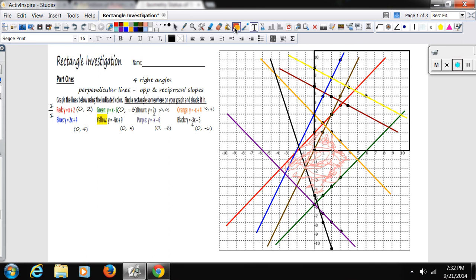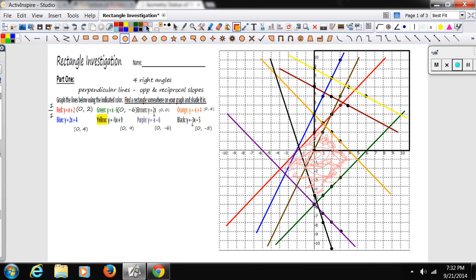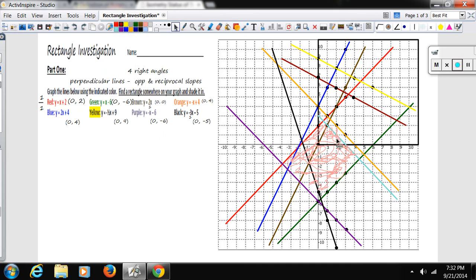If we were to make another line, let's make it in, say, light blue maybe, aqua. And let's say we were to make a line that was the same as orange. Same line as orange, but it was down 1. So we just slid this down 1. Had the same slope, a -1 slope, but we went this way.